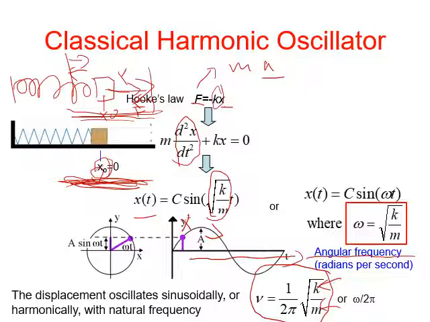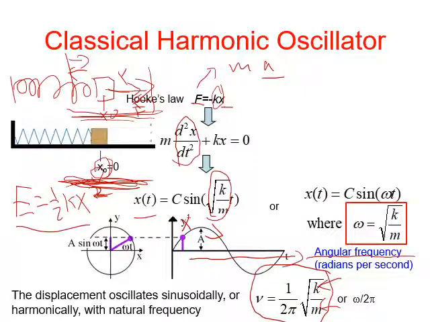Also important to notice that this frequency has nothing to do with energy. If the system obeys Hooke's law, the energy equals half kx squared. This equation calculates the potential energy of the vibrator.